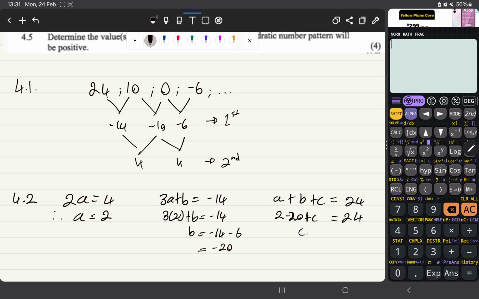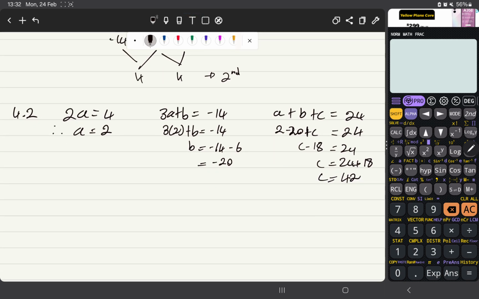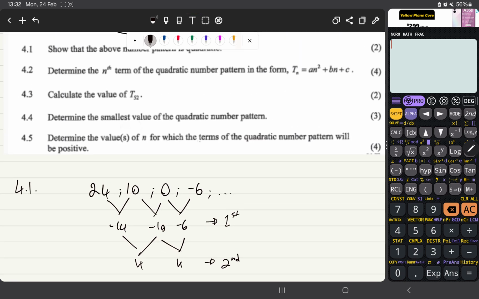You have c minus 18 equals 24. c equals 24 plus 18, and that should give you 42, meaning that therefore tn equals 2n squared minus 20n plus 42. Right, from that you are done.